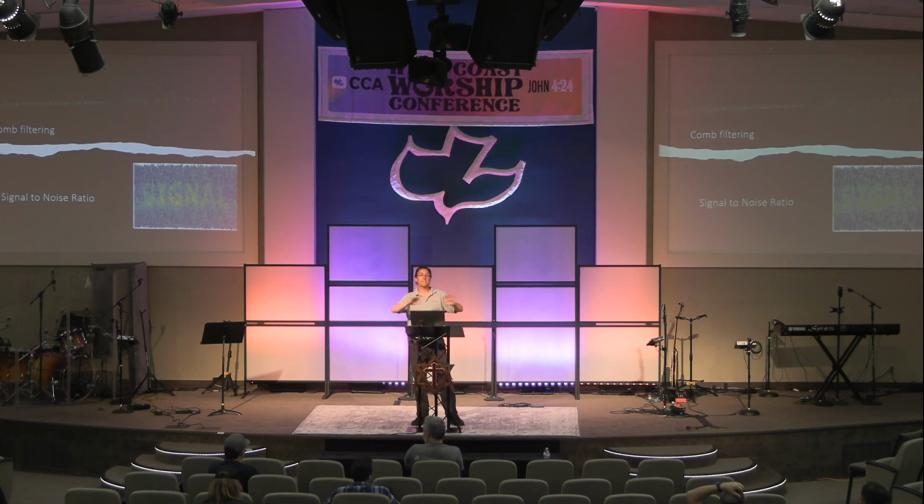Let's just say that you have 20 speakers in the room that are all functional. If you figure out the comb filters there, you'd have over 1 million comb filters at that point. They're all interacting with each other.